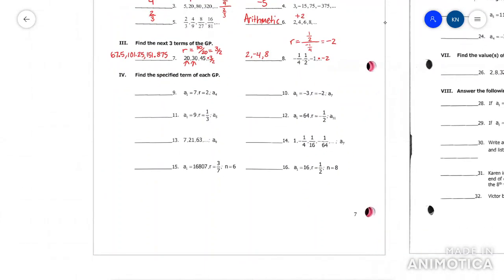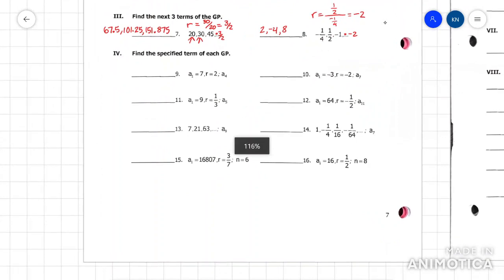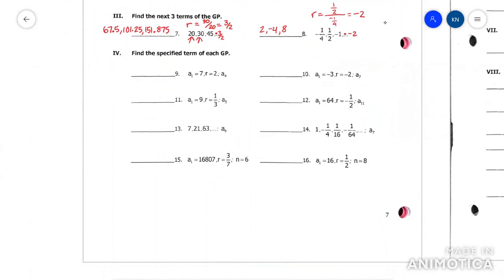Okay, now on these, you're going to have to get your equation. So remember the base equation was a sub n equals a1 times r to the n minus 1. And then you're just going to plug stuff in. So for this first one, they want a sub 4. Well, that's going to be a sub 1, which is 7, times r, which is 2.